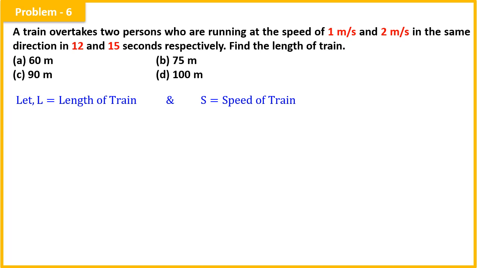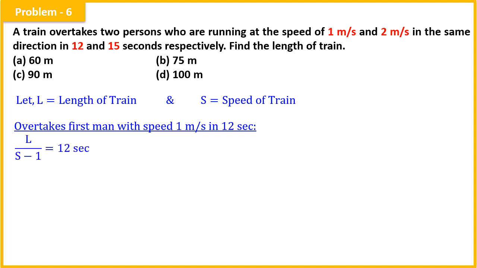Let us assume the length of the train as L and the speed of the train as S. It overtakes the first man with the speed of 1 meter per second in 12 seconds. So it can be given as length of the train divided by relative speed, that is speed of the train minus speed of the man, and the time required is 12 seconds. So we can write this equation as L is equal to 12 multiplied by S minus 1 here.